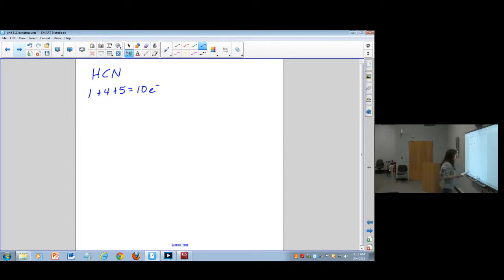Also, now I told you that usually the first atom is going to be your central atom. But can hydrogen ever be the central atom? The answer is no. In this case, the least electronegative atom is carbon.